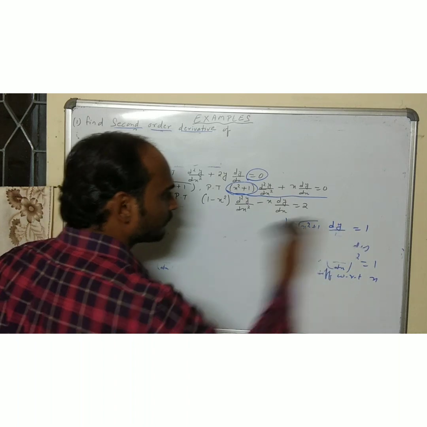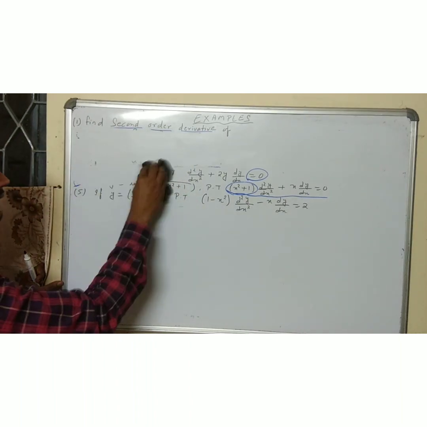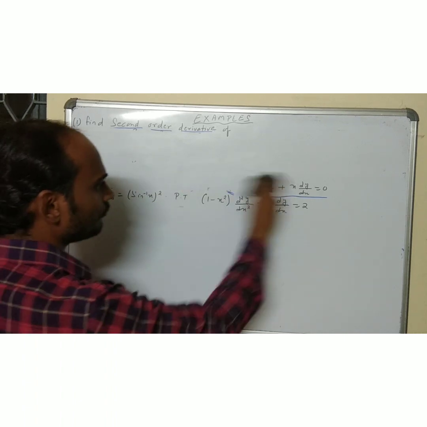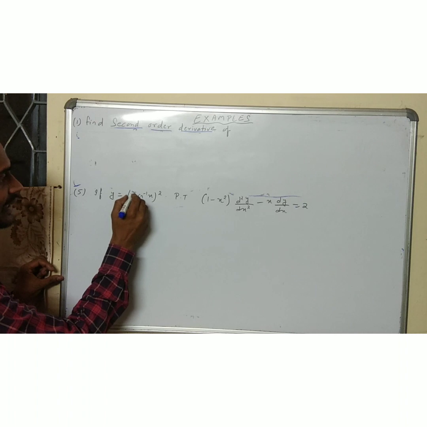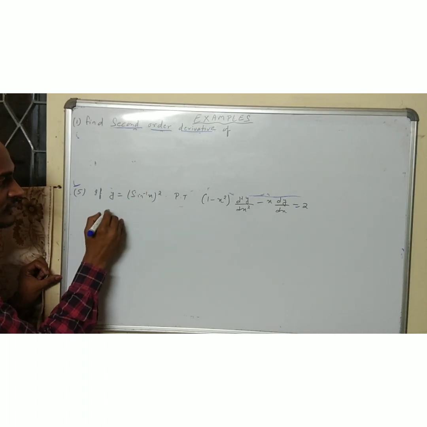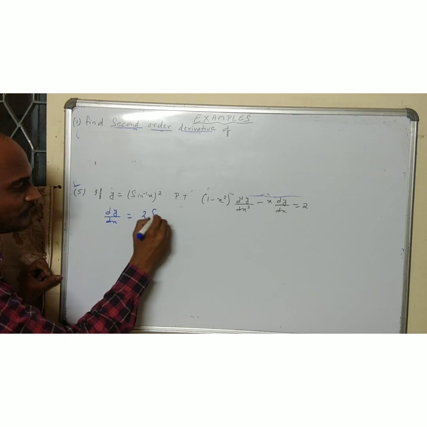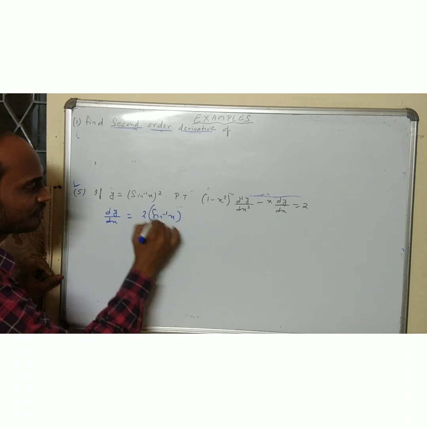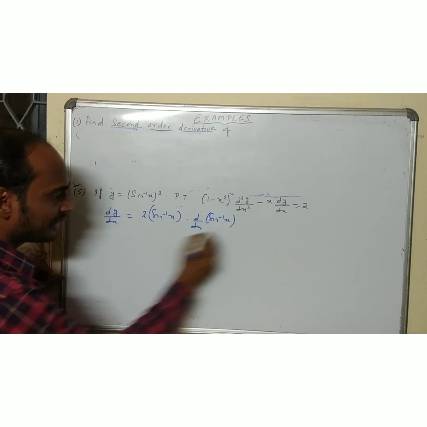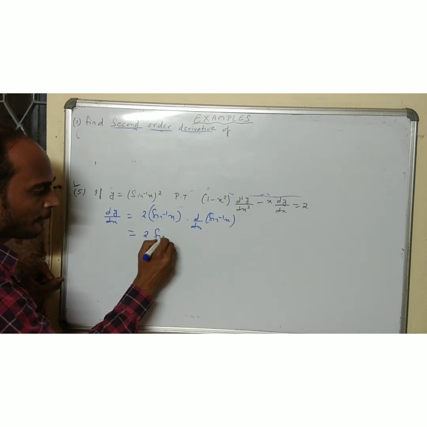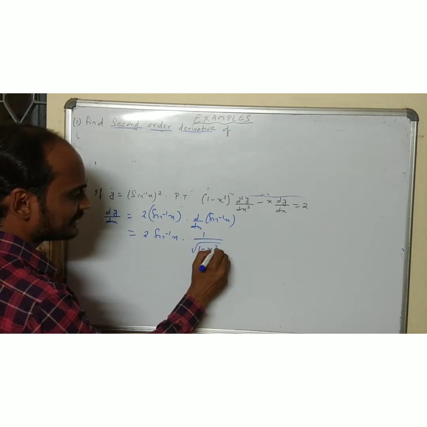Now let us see the third type of proving question, where we will apply another technique. See the question, here it is given y is equal to (sine inverse of x) whole square. First we will find the derivative dy by dx. So this is 2 sine inverse of x, then d by dx of sine inverse of x, applying the chain rule, which is 1 by root over 1 minus x square.